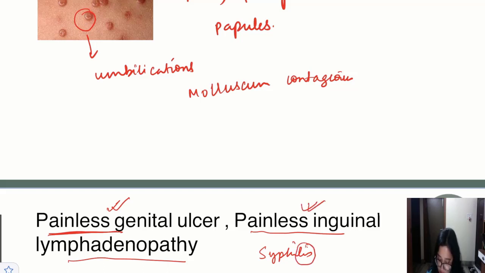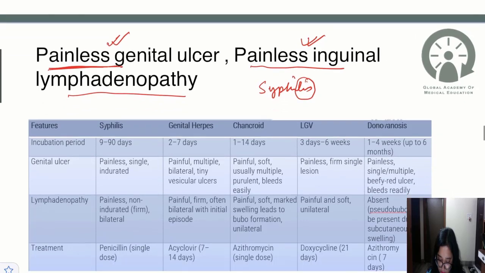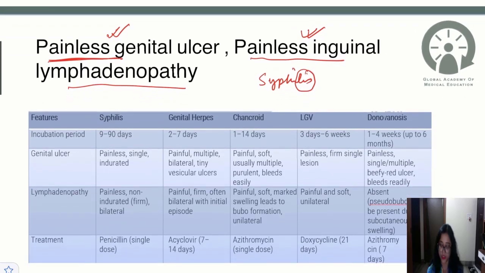So in syphilis, you can remember that everything is less. So we come to the broad classification of genital ulcers. The most common causes are syphilis, genital herpes, chancroid.